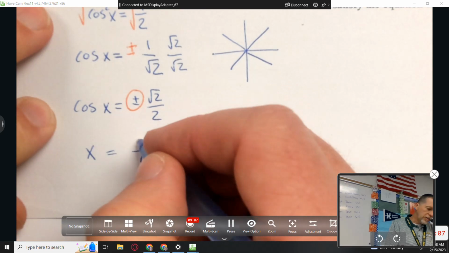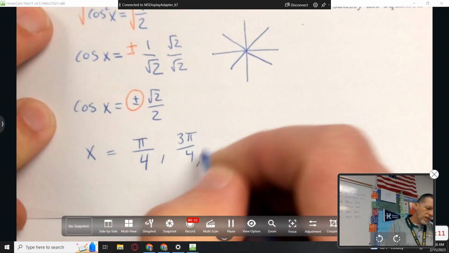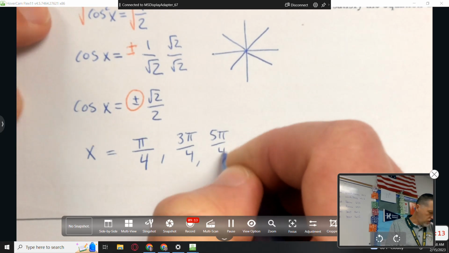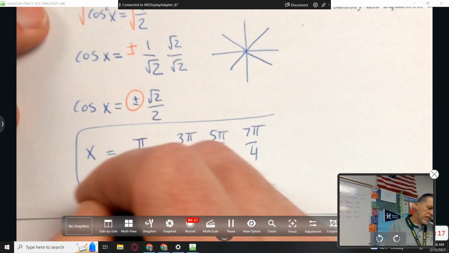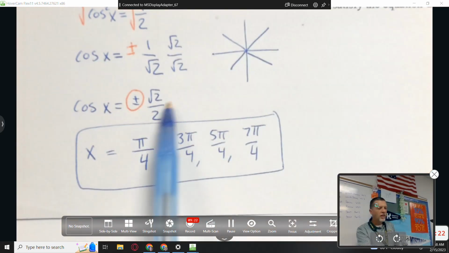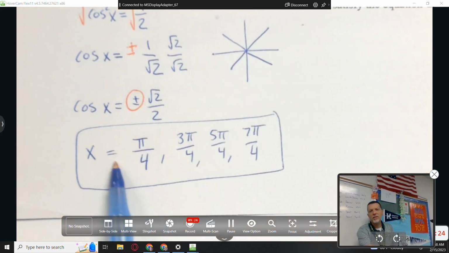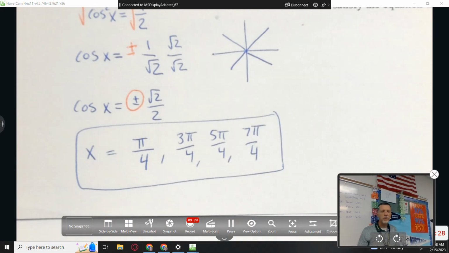So pi over 4, 3 pi over 4, 5 pi over 4, 7 pi over 4. So that's the one I mentioned where sometimes the plus or minus actually makes your life easier. It's just all of them. You don't have to worry about who's positive and negative.